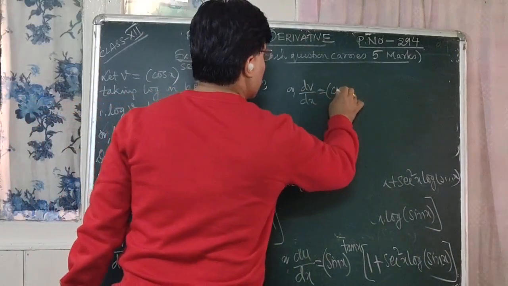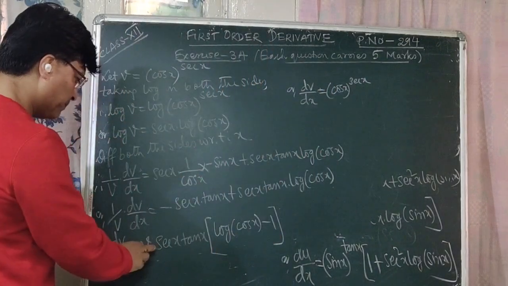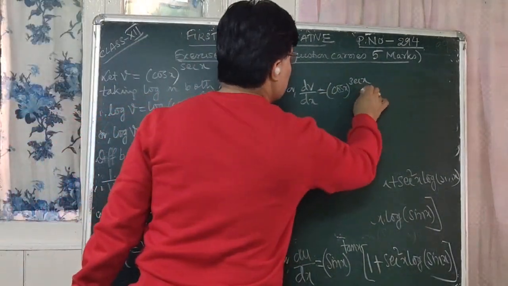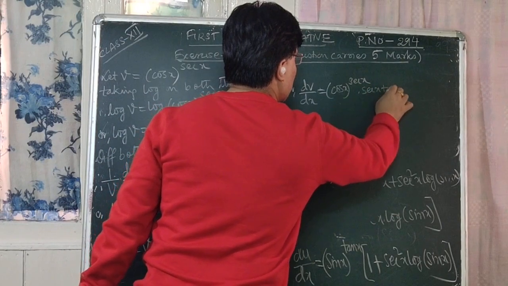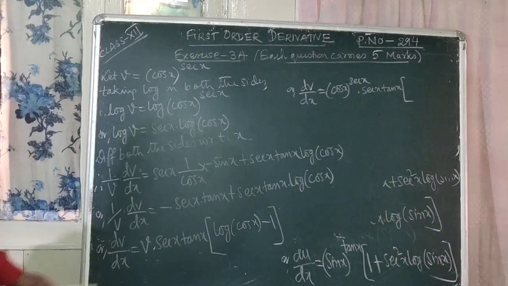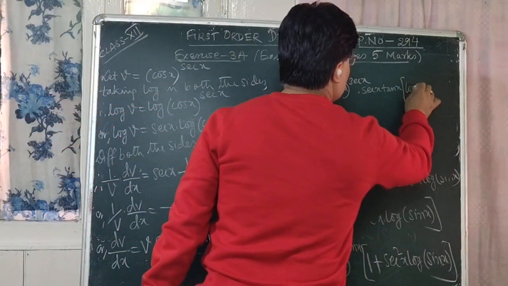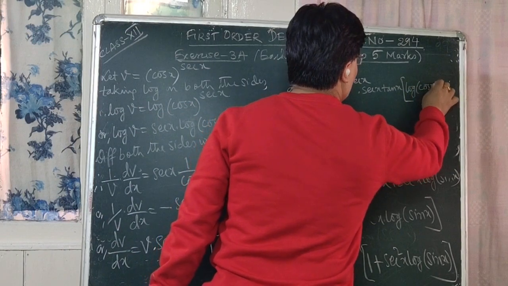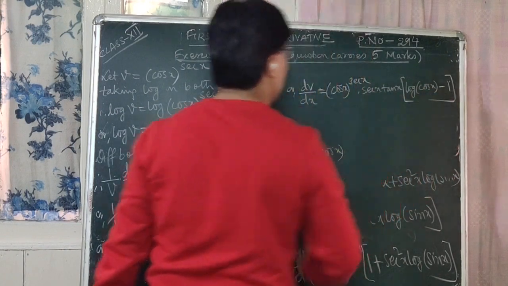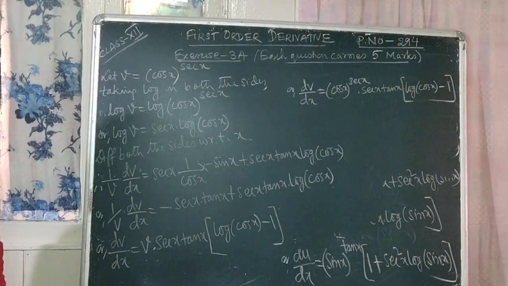So it is (cos x) whole to the power sec x, into sec x tan x, and within the third bracket, what do we get? It is log of cos x minus 1. Third bracket is closed. So I think you have understood it.